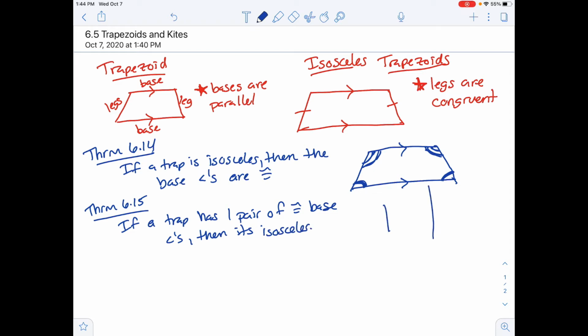I wrote that wrong at first. So if you're given that trapezoid, here's our parallel lines, and I know that one pair of those base angles, these down here, are congruent, then I can go ahead and say, hey, that's isosceles.